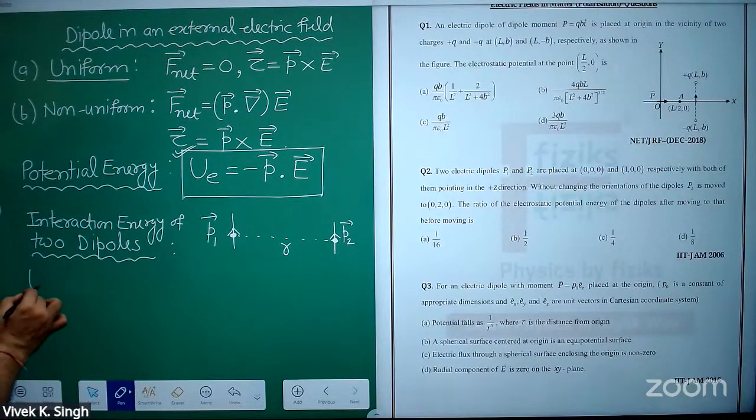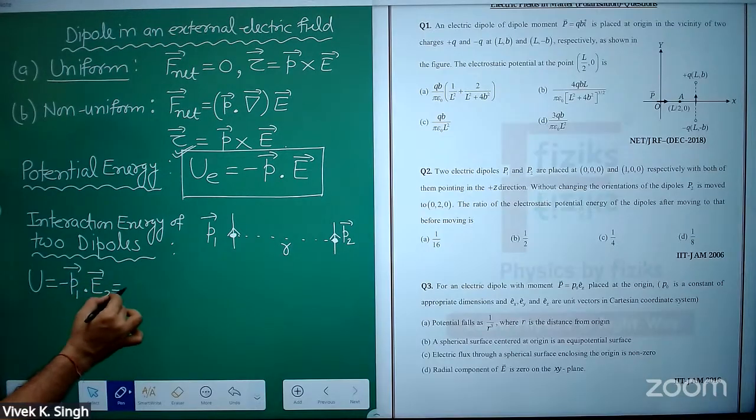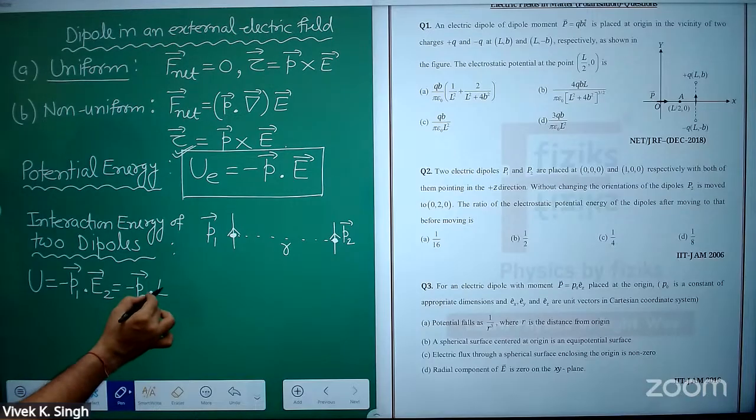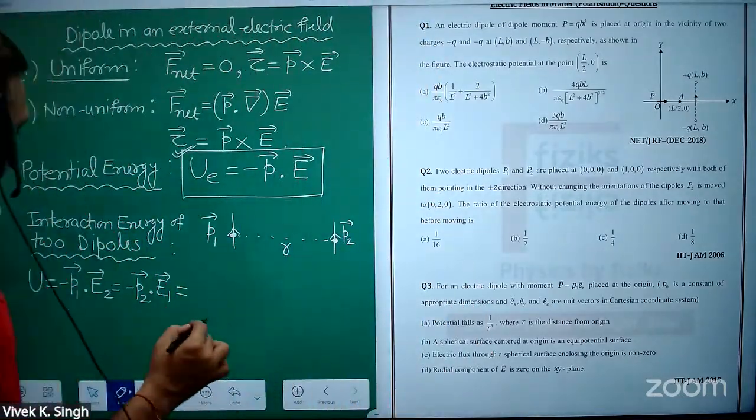In coordinate free form, this is given by minus P1 dot E2, which will be the same as minus P2 dot E1.